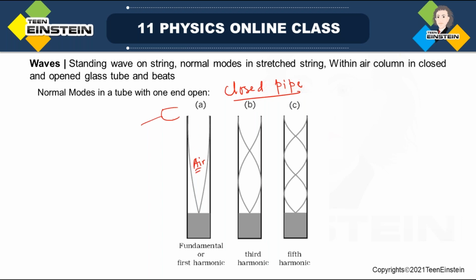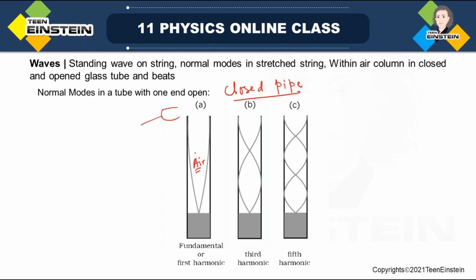Sometimes in a whistle also the same thing is done. Just by blowing air, we produce frequencies. Various modes of frequencies we can excite. We'll see which harmonics are produced in this closed pipe.